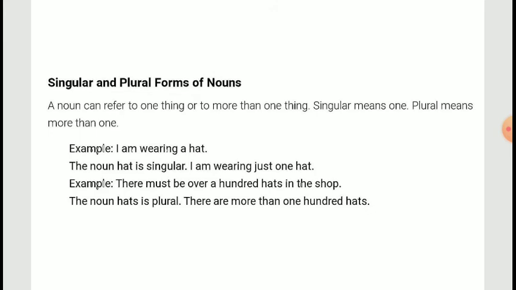So the noun hats is plural. There are more than 100 hats. Now is will be replaced by are, and a hat will become hats.